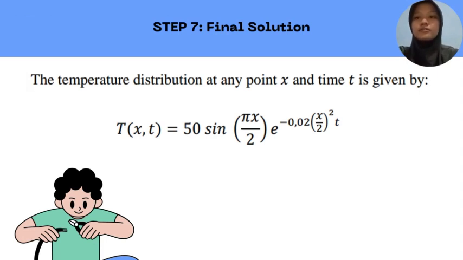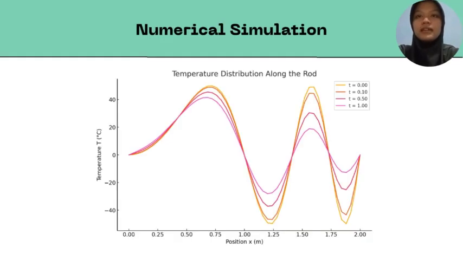And the final solution for the temperature distribution at any point x and time t is given by this expression. This is the solution for the temperature distribution along the rod, with the x-axis for the position and the y-axis for the temperature T.